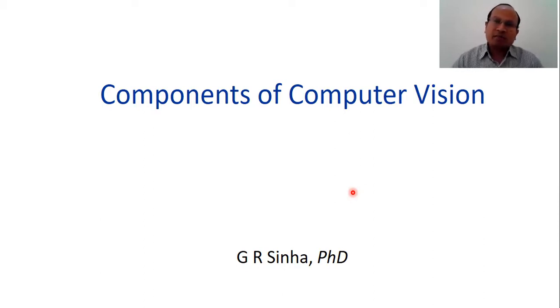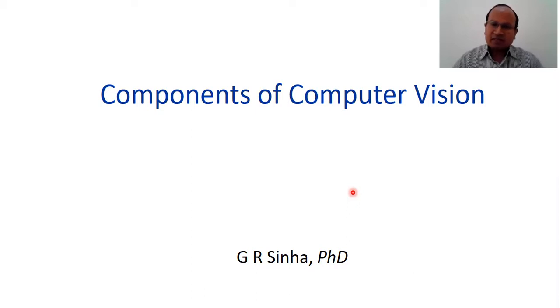So the combination of eyes and human brain constitutes the human visual system. So all capabilities, sensing, understanding, detecting, interpreting, and knowledge development, all these abilities of the human brain and human visual system are mimicked by the computer, by the machine, called computer vision.